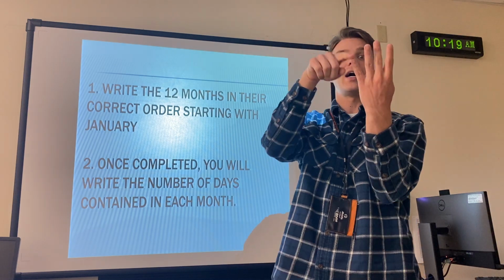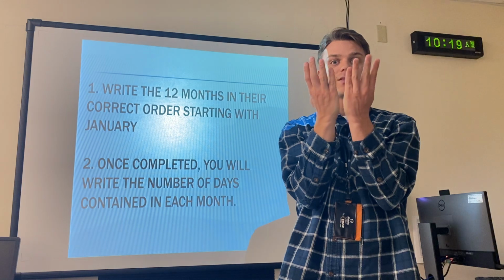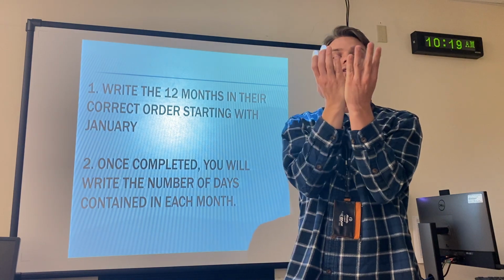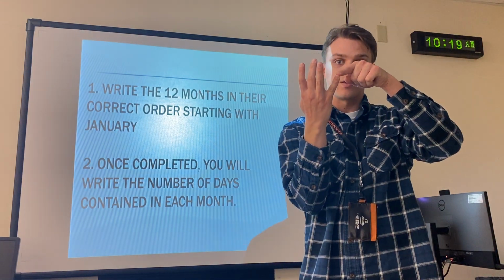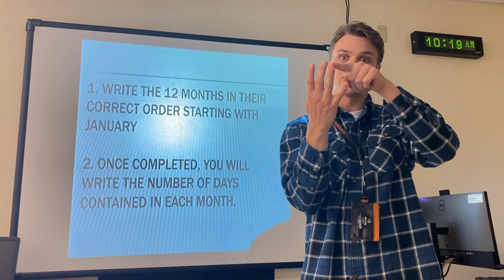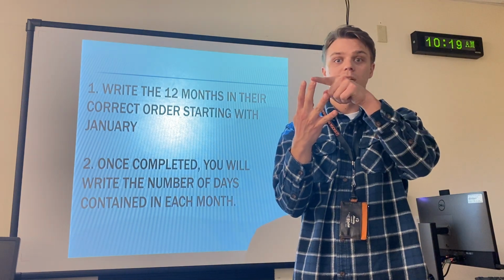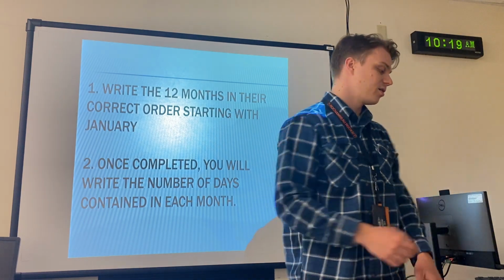So notice that July and August are right next to each other. That's why I keep my thumbs in, and why I keep my hands together. There's no between on my pinky. So July is 31 days in a month, and August is 31 days in a month. Then September's 30, October's 31, right? Halloween's in October. November's 30, December's got 31. So that's how I know how many days are in my months.